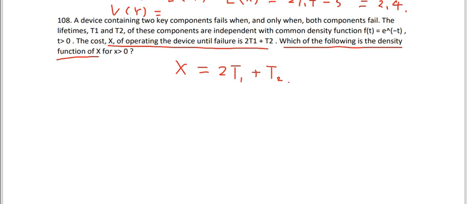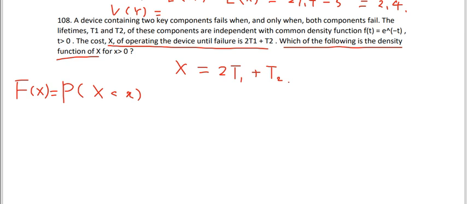Let's say Fx. So Fx equals the probability that X is less than x. Find this cumulative function, then use the derivative and we get the density function, right?